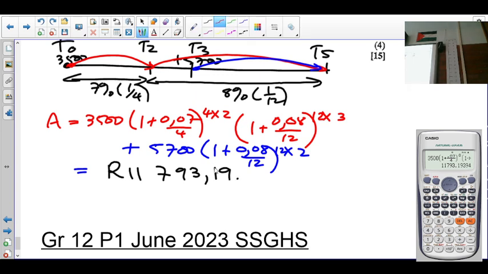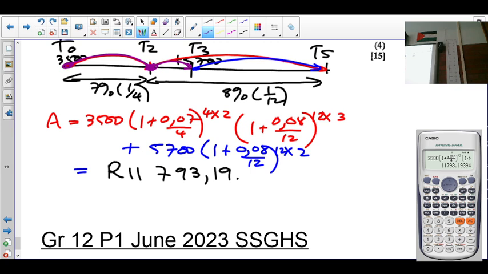Otherwise, what I could have done was first work out 3,500 into 1 plus 0.07 over 4 to the exponent 2 times 4. Then you take that answer and change the interest rate for 1 year: that answer into 1 plus 0.08 over 12 to the exponent 12 times 1.